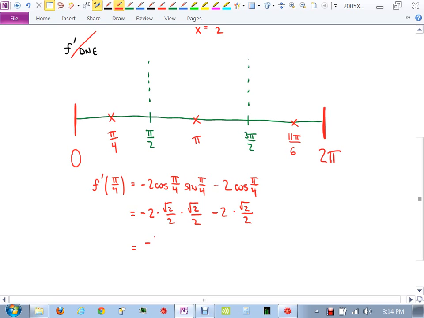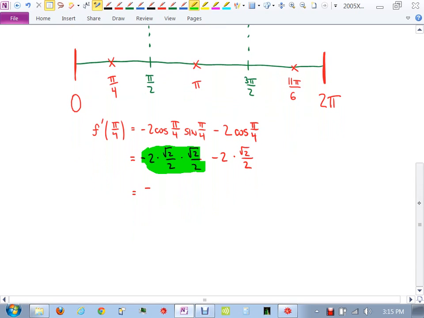So I get negative, let me see. What do these first 3 multiply out to be here? Isn't the root 2 and root 2 multiply to be a 2? And then times negative 2 gives you negative 4 over 4. It's going to be negative 1, right? Minus, on the other one, don't the 2's cancel? Just comes minus root 2.